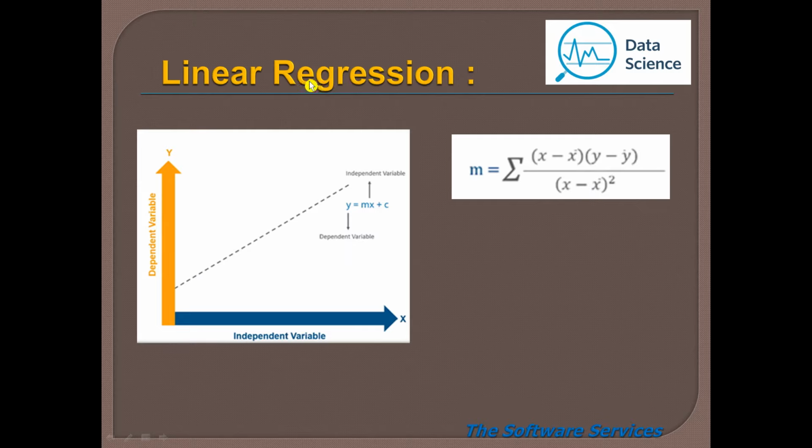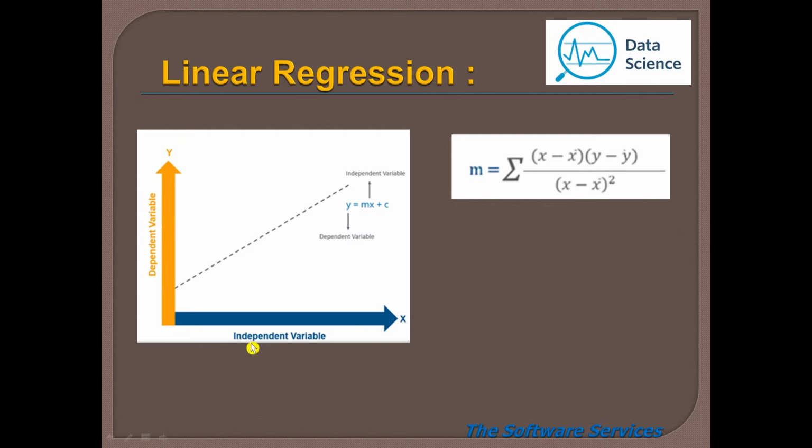In the linear regression machine learning algorithm, we have this basic equation, friends, that is y = mx + c. This is the regression line equation. Generally we take independent variables on the x-axis and dependent variables on the y-axis.